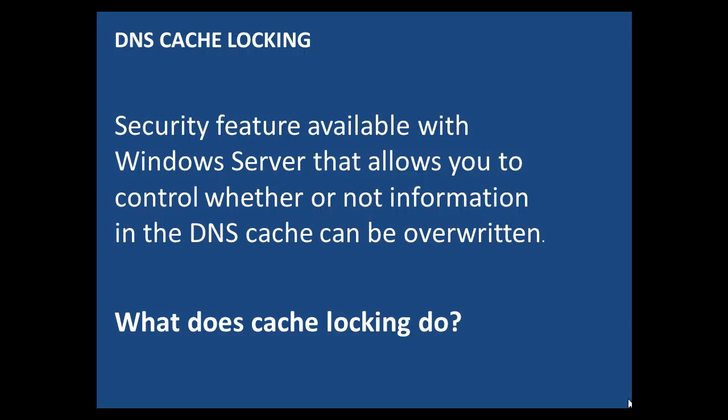What does cache locking really do? When a recursive DNS server responds to a query, it will cache the results obtained so that it can respond quickly if it receives another query requesting that same information. The period of time the DNS server will keep information in its cache is determined by the time to live value for a resource record.